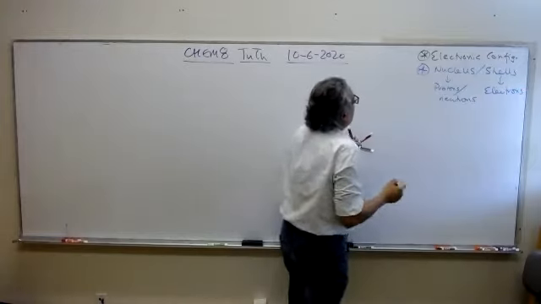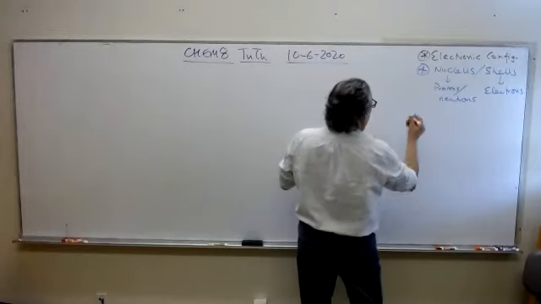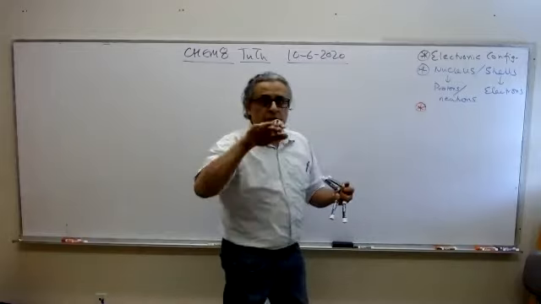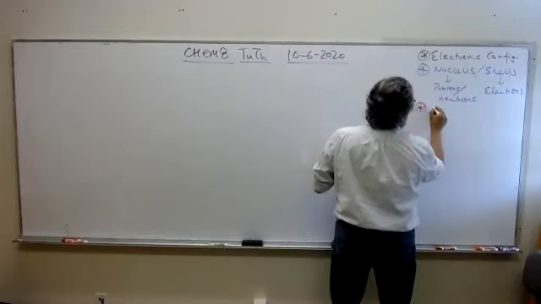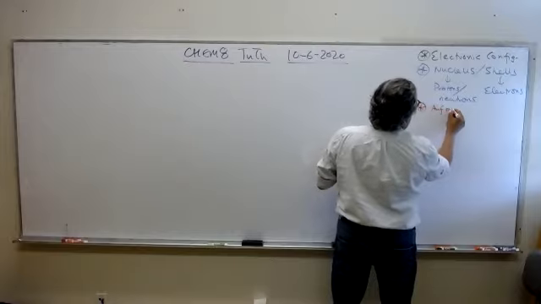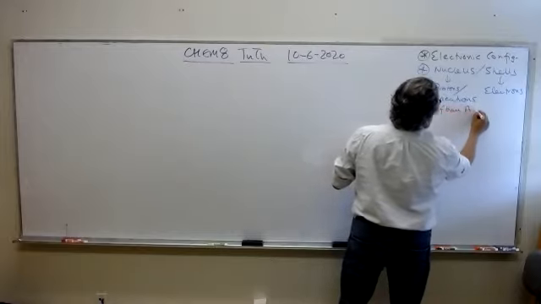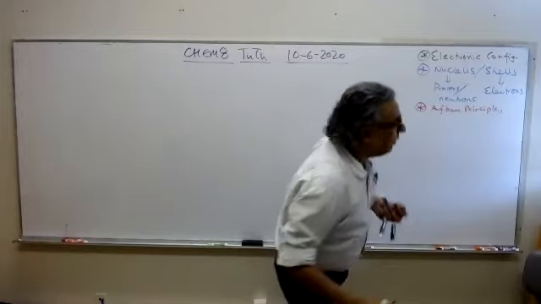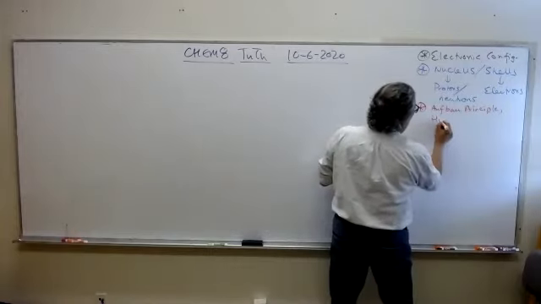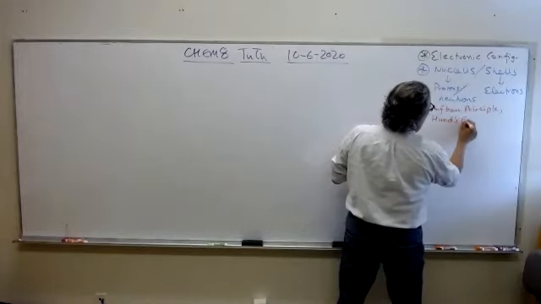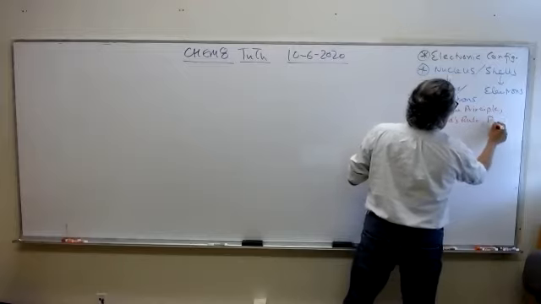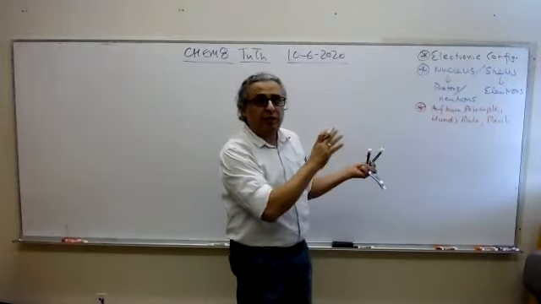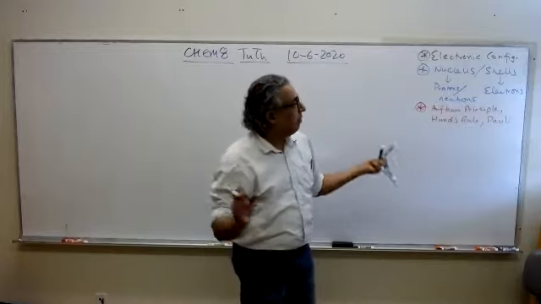We talked about different rules to fill up electrons. Aufbau principle. We talked about Hund's rule. We talked about Pauli. I'm writing fast, so it may be hard to read, but you know what I'm talking about.